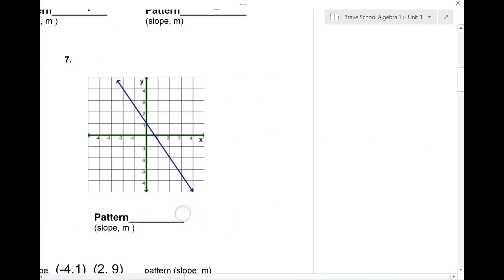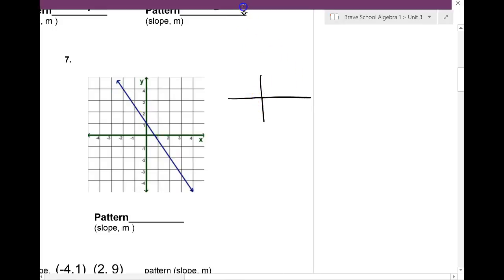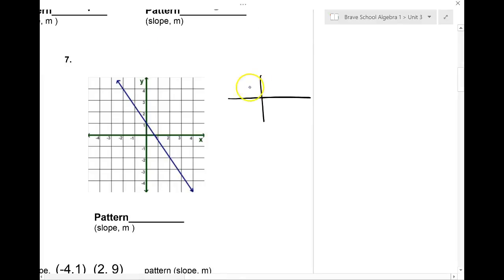Okay. Number 7. Now here, there's no clear points written, so you have to find your points. So here I'm going to make a point. Wherever you see the line cross two whole numbers, or where you see, let's say, here's part of the graph, and then you see a line that goes right through that middle point, that is a point.